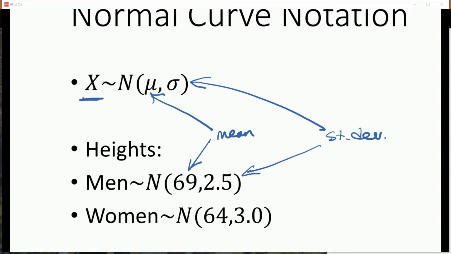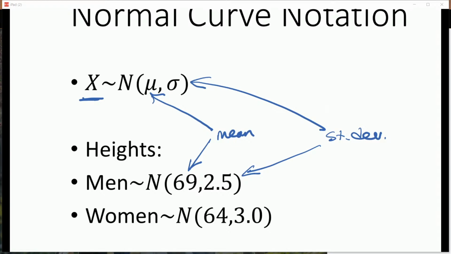So whatever numbers are in the parentheses tell you the mean and the standard deviation. I have to admit that I change these numbers however I feel like each time this shows up in the lesson. The heights of men and women, the mean is always 69 and 64, but I just change the standard deviation to suit whatever I'm doing.